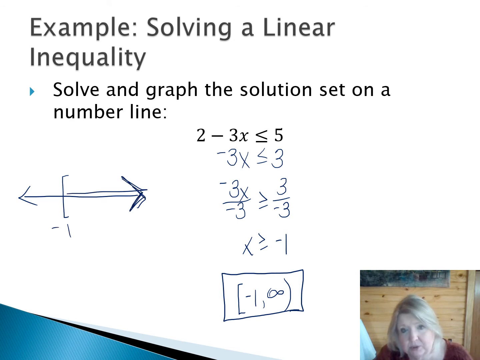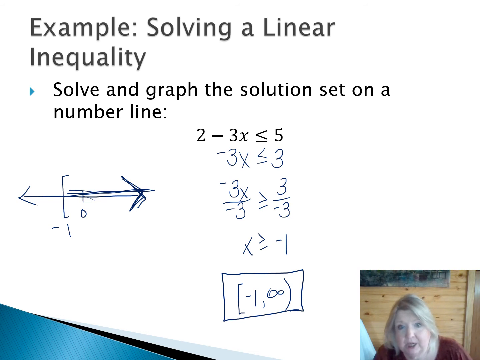By the way, I was supposed to graph it anyway. And here's the 0. If I plug in 0 and it works, I know I went the right way. If I plug in negative 1 and get equals, I got the right endpoint. But if I plug in a number that got colored in, it's part of my solution, and it works, I know that I went the right direction.